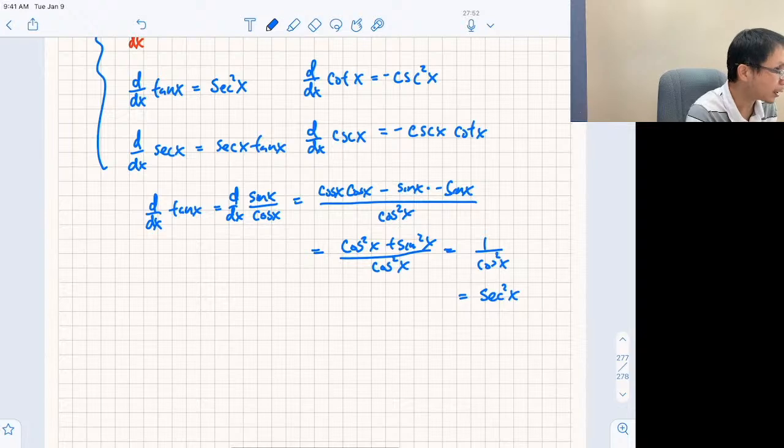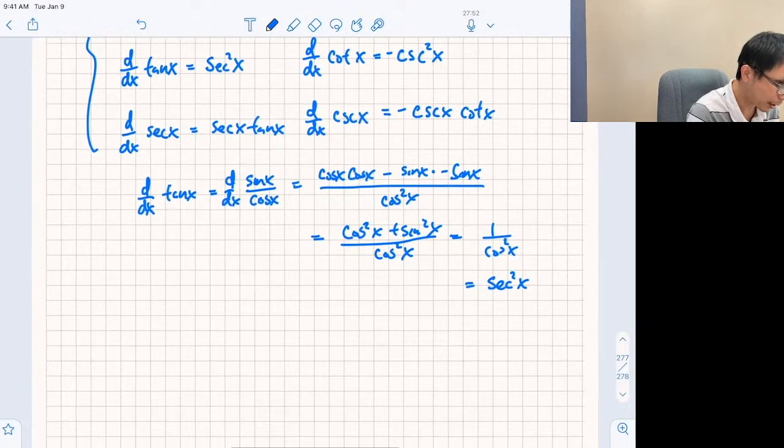It's not memorization. A lot of the time you can actually derive all these equations if you really wanted to.